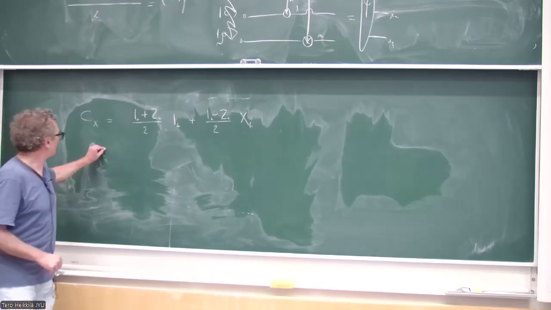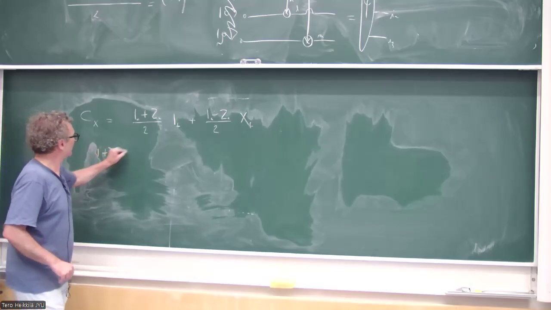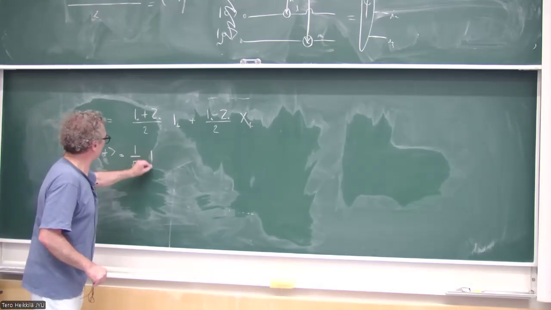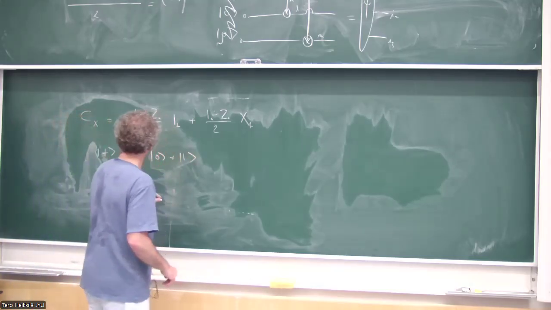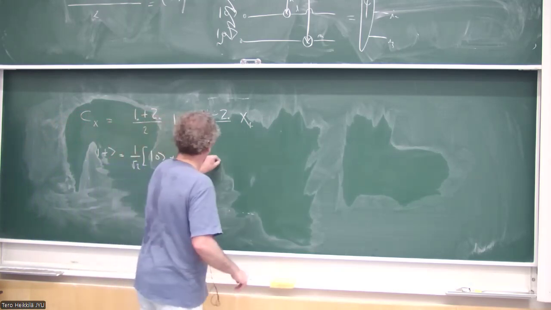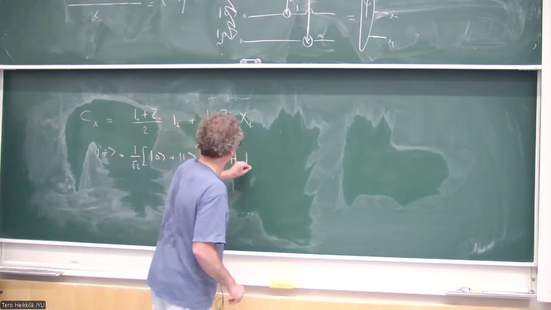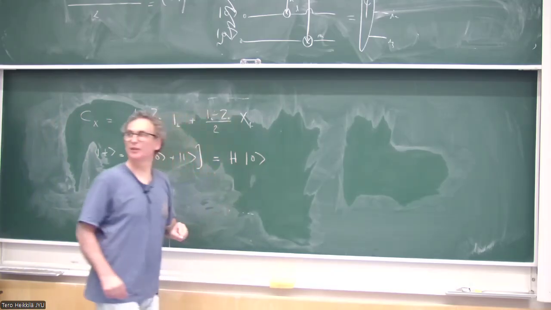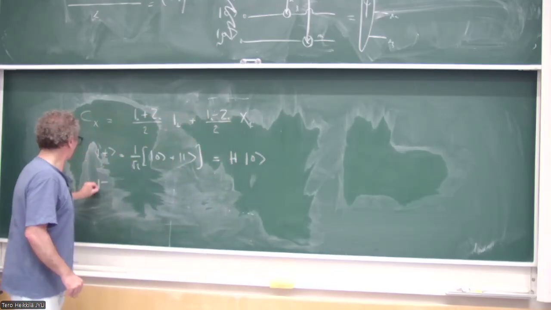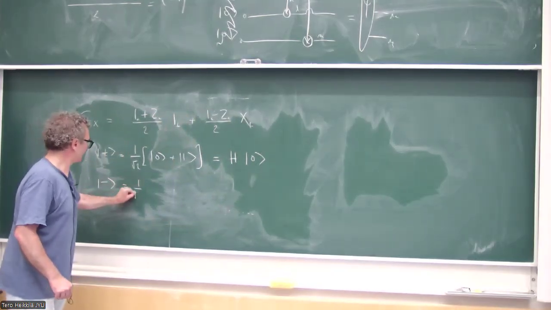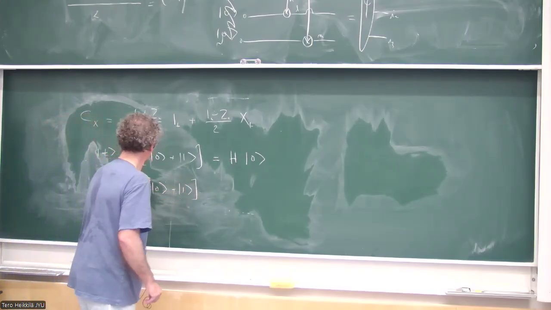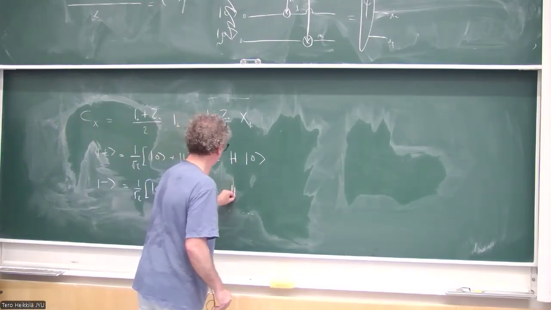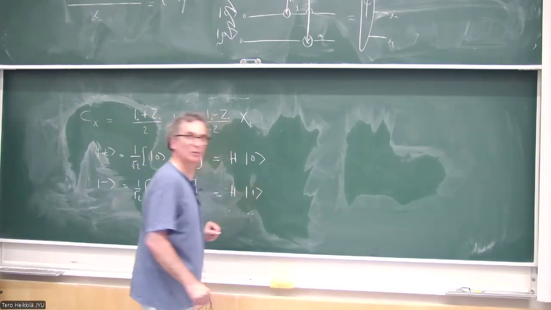So plus is 0 plus 1, and this is actually equal to H, the Hadamard gate applied on 0. And minus is 0 minus 1, and it's the Hadamard gate applied to 1.